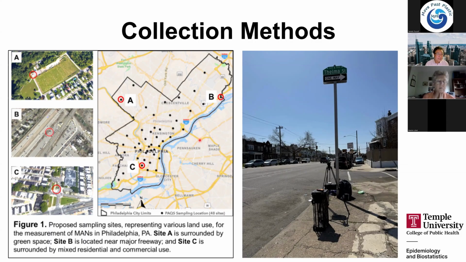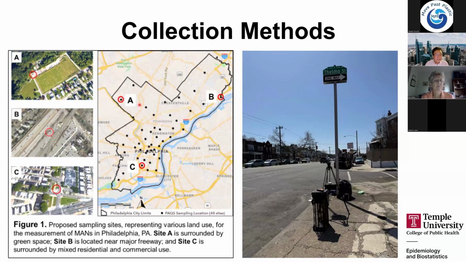For example, the different locations were selected based on land use type. As you see on the left side of the slide, location A is more residential and surrounded by parks and trees. So we thought that at location A, airborne microplastics would probably be very low because there are no nearby traffic sources or roadways.